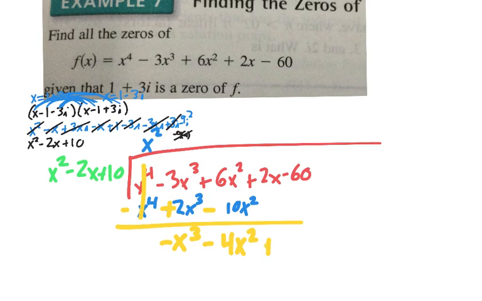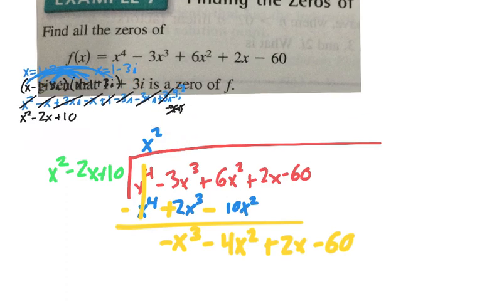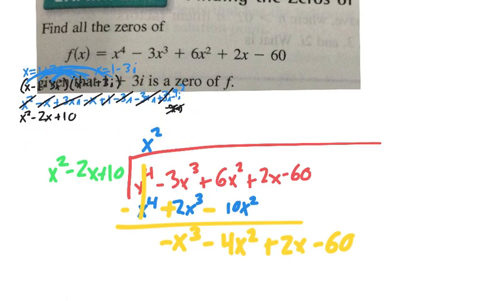Then I'm going to bring down my other two terms, plus 2x minus 60. Okay? Now I have an x squared, and I want to make it match negative x cubed. So what do I need to multiply by? Negative x. So I'm multiplying everything here by negative x.